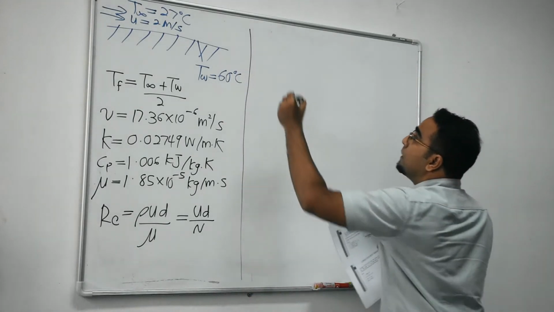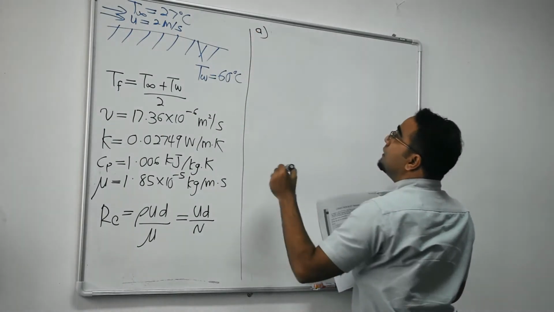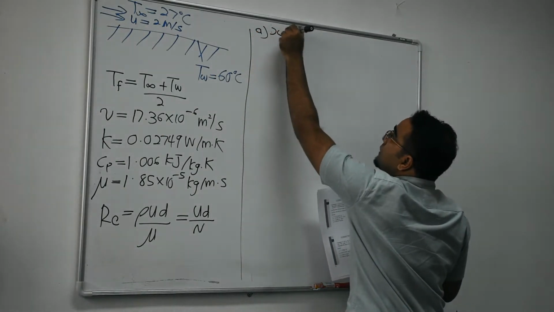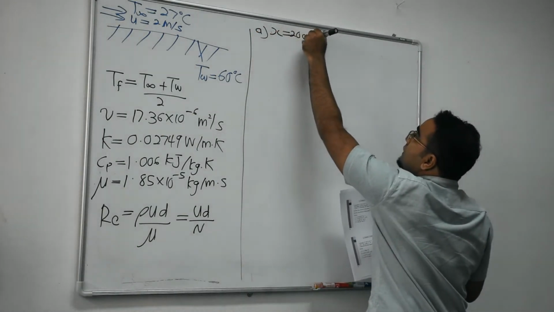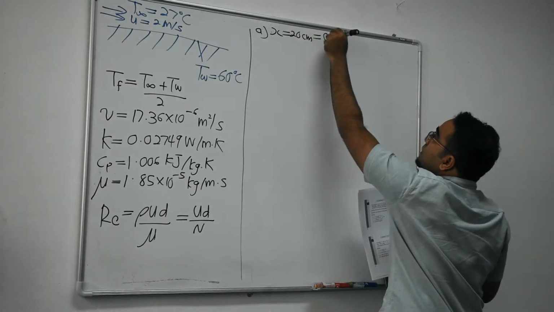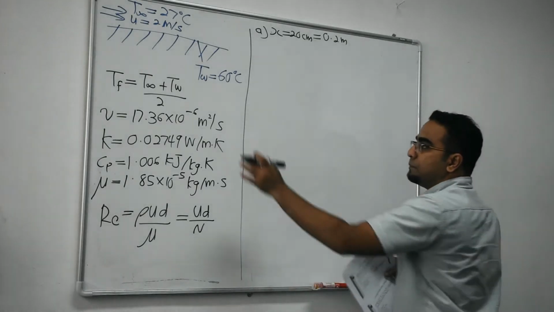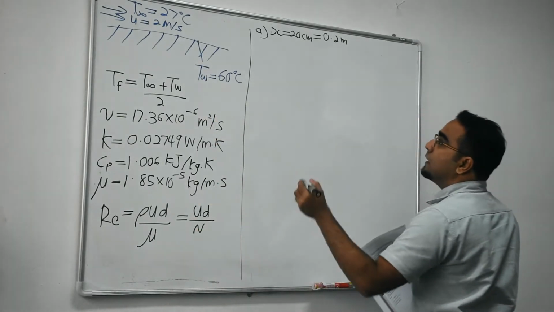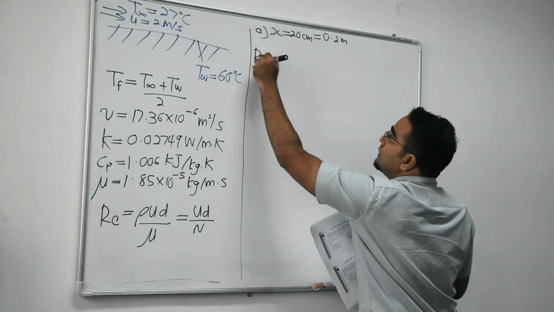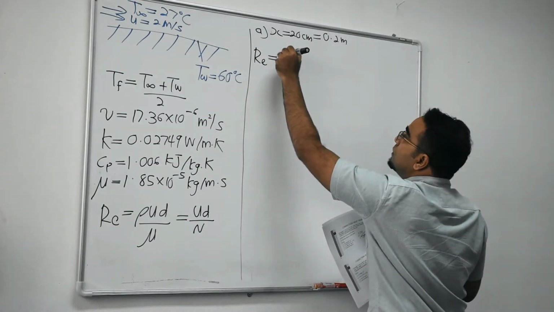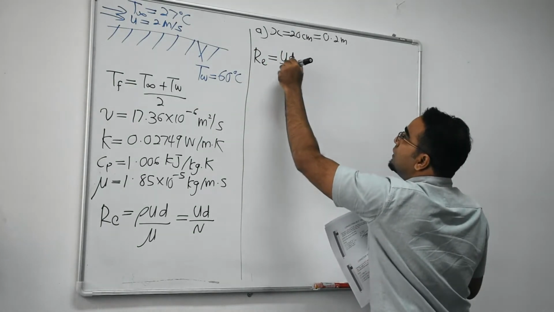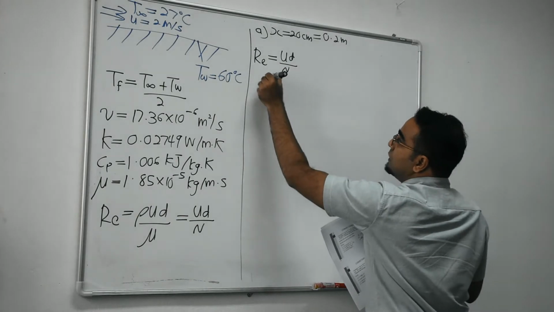Okay, so let us see how we solve this equation. So first of all, for the value of A, x is equal to 20 cm or also equal to 0.2 meter. So first step is done. Second step, calculate the value of Reynolds number. Re is equal to ud over kinematic viscosity.